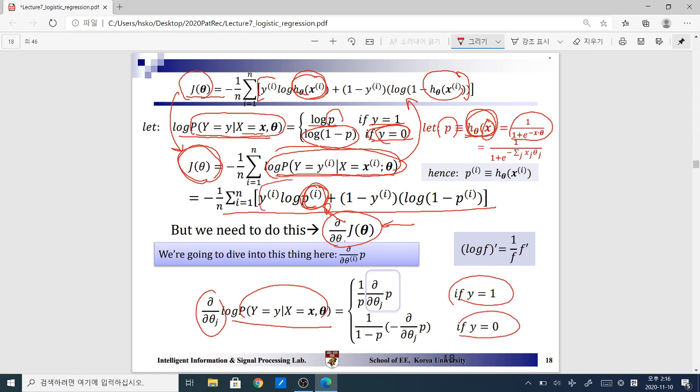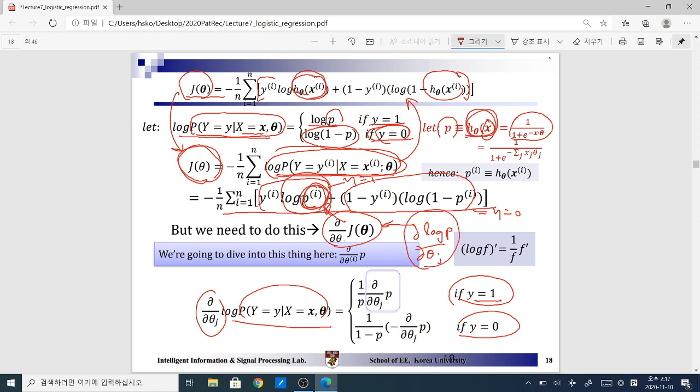The first one is the one with the label equal to 1, and this is the one for the label being equal to 0. For the label equal to 1, we take the partial derivative of the log of p with respect to theta sub j.